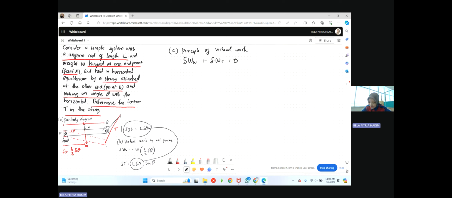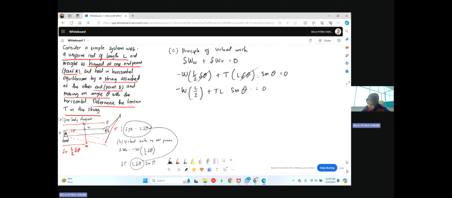So we have minus W L over 2 δθ plus T L δθ sin θ equal to 0. Since we factor out the displacement δθ, we have this notation equal to 0.